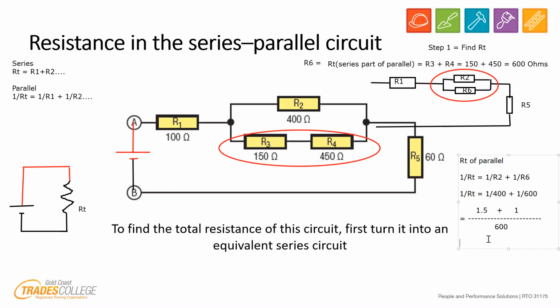Okay, so that's what we've got on the top at the moment. That brings us down to the next line, which equals 2.5, adding those 2 up, over the 600. All right, that's what that adds up to. Now remember, guys, once we get to this part here, we need to invert it.